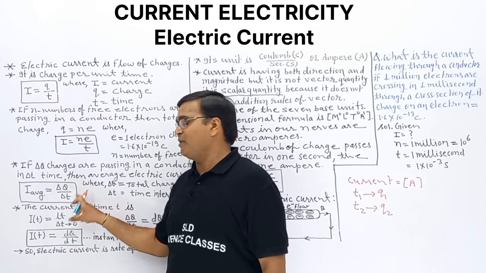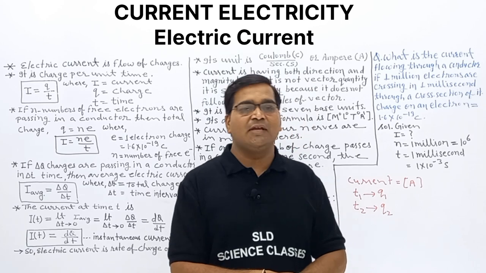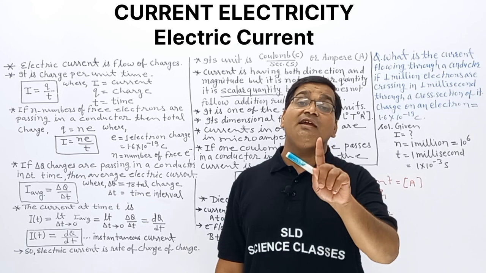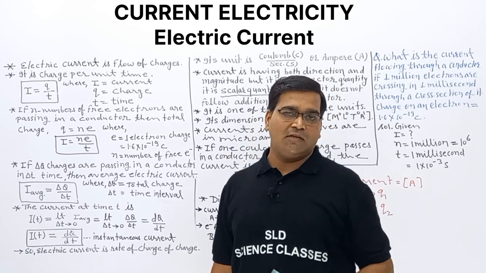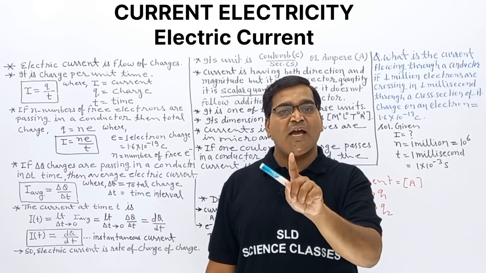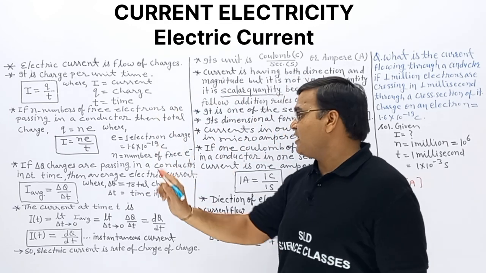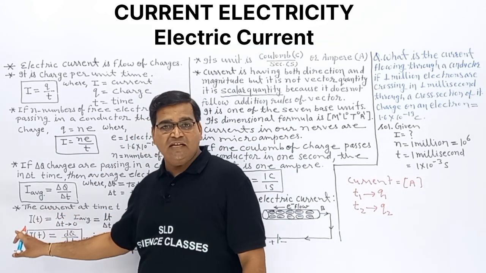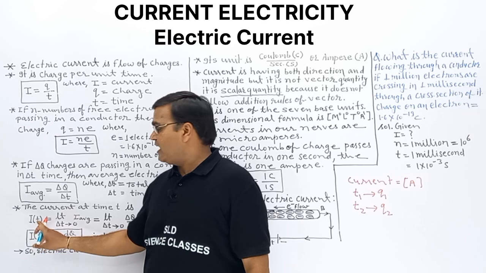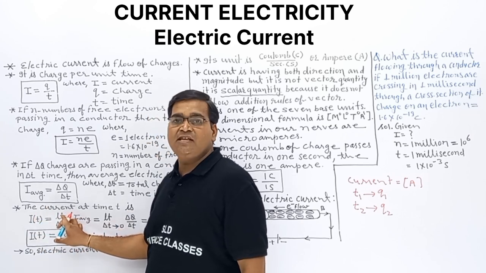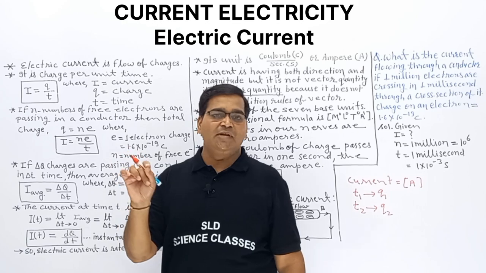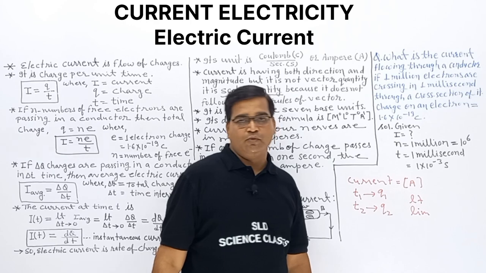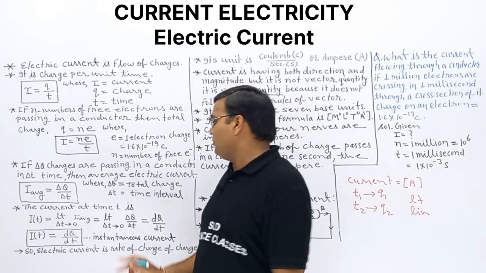Whatever average current we have, if we take the limit as delta T tends to 0, then we get the current at time T. At the particular instant, that is called instantaneous current, I of T. LT is the limit, and we can also write LIM. Both are correct.